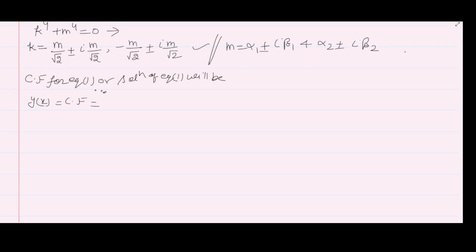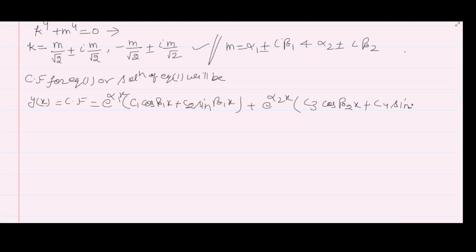So the complementary function will be e to the power alpha 1 x, c1 cos beta 1 x plus c2 sin beta 1 x, and plus, here I forgot x, plus e to the power alpha 2 x, c3 cos beta 2 x plus c4 sin beta 2 x, right?